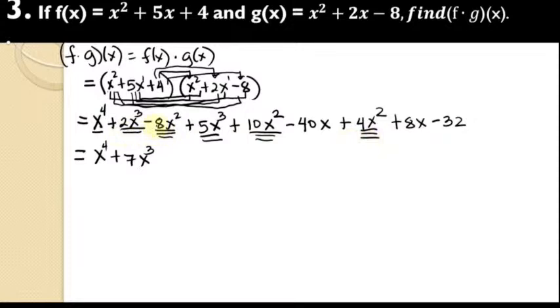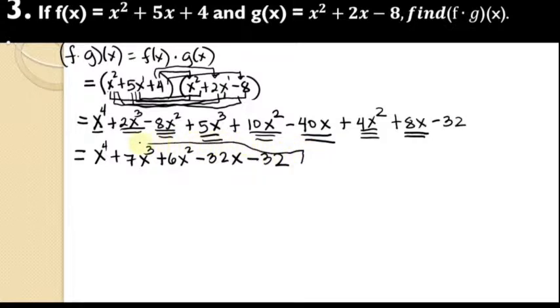So we have negative 8 plus 10, so that is positive 2, plus 4, so that is positive 6x squared. Then ito, negative 40x and 8x. So negative 40 plus 8, so that's negative 32x minus 32. So ito na yung final answer natin.